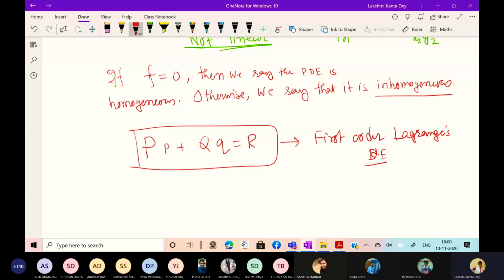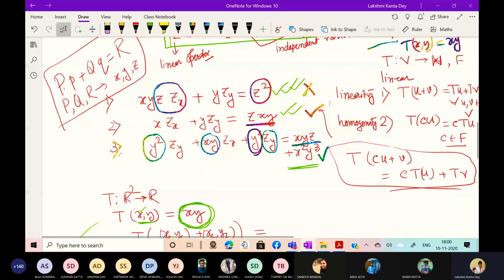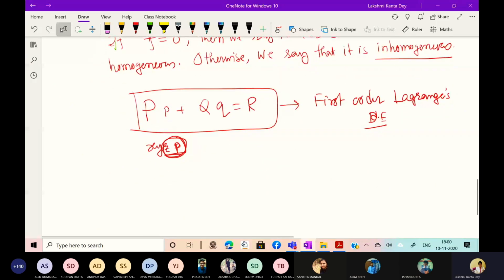This is known as quasi-linear, not linear, because here we can have x, y, z into p. So z into p, as I told, is a product of the dependent variable and partial derivatives, so it fails to be linear. It is known as the quasi-linear partial differential equation. So one student gave the answer of this, and it is not correct. This is basically a quasi-linear differential equation.